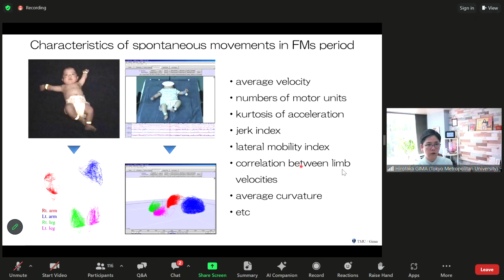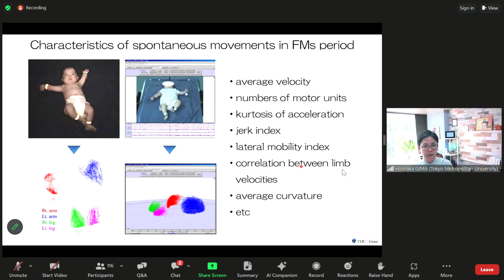So based on the background described so far, I have been working on a study to quantify the kinematic features of fidgety movements.